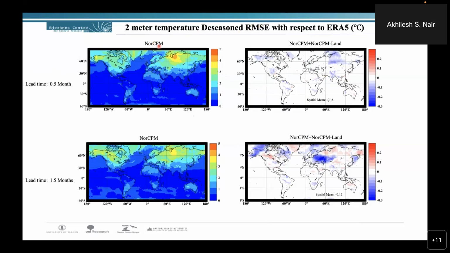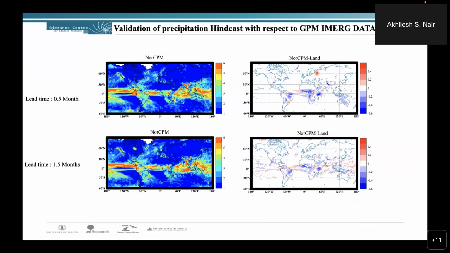This shows the NorCPM RMSE: on the left we have NorCPM, the conventional one, and on the right we have NorCPM land. We could see that there is reduction in RMSE. Blue are the regions where we see the improvement. So we could see that improving soil moisture is even improving the temperature scenarios.